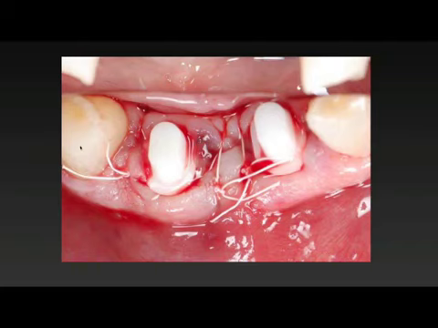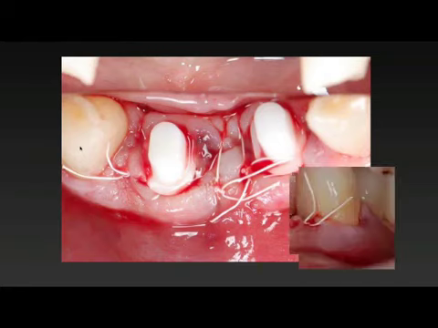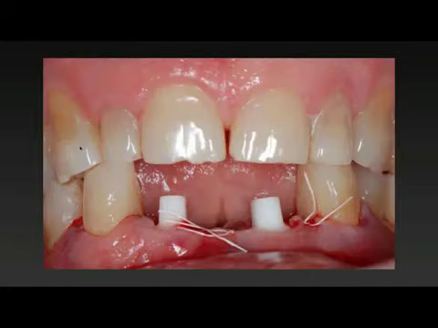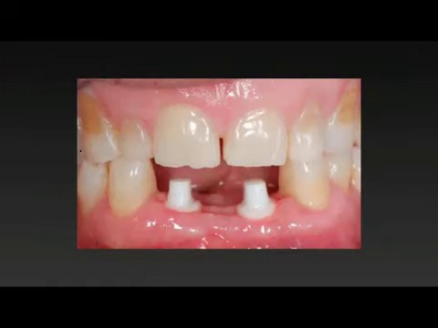Whenever we have a bridge or multi-unit restorations, my preference is to use the CeraRoot 14 because angulation, sometimes when you have multi-units, could become a problem when you have a larger abutment. But the length of this abutment is very short and allows us to compensate for any angulation issues in the prosthetic steps. So this is the day of surgery, teeth extracted, we have the implants in place.